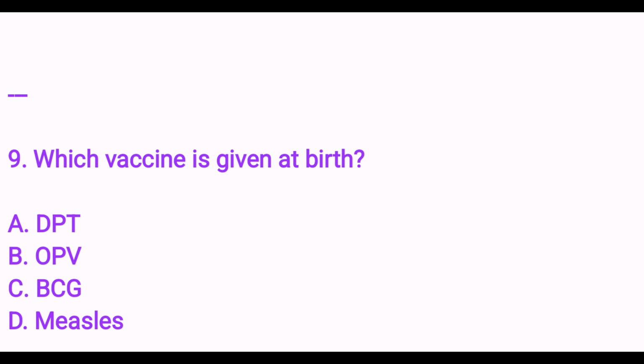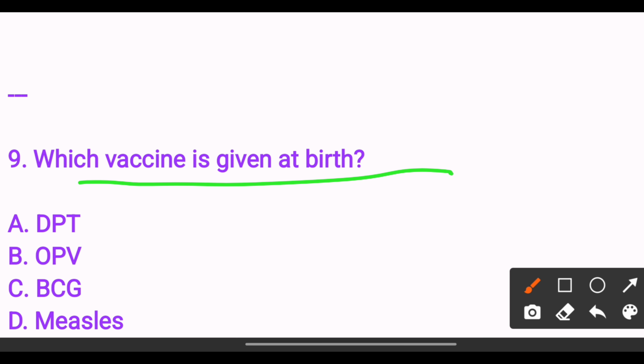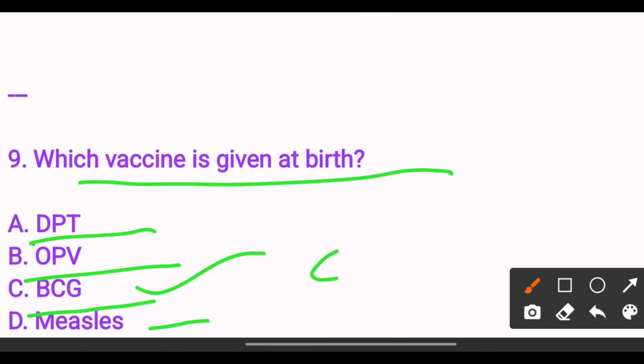which vaccine is given at birth? Option A DPT, option B OPV, option C BCG, option D measles. The answer is option C, BCG. BCG protects against severe tuberculosis.